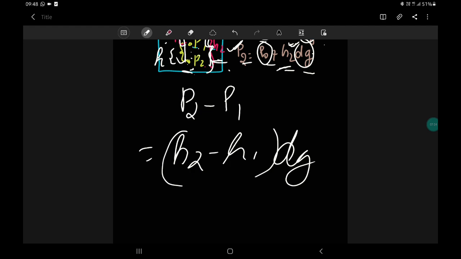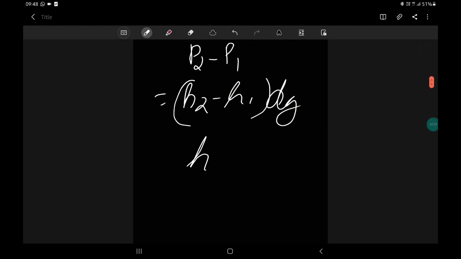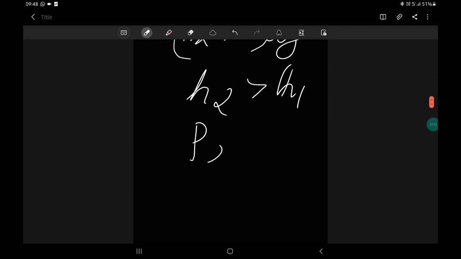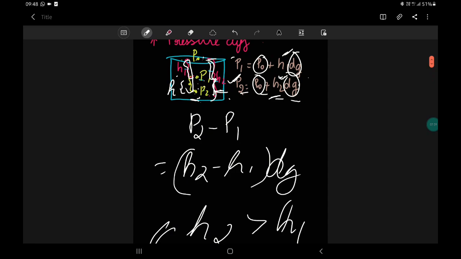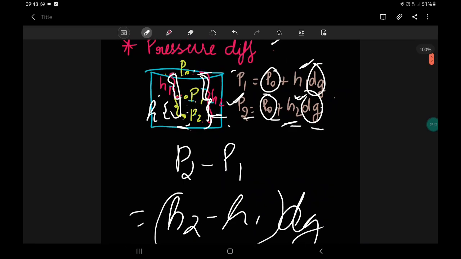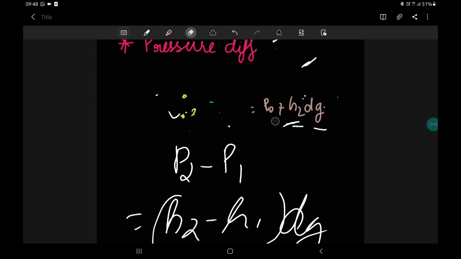The same method again: as H2 is greater than H1, pressure P2 is greater than P1. Understood? More the depth, more is the pressure. Remember this concept. Don't blindly go P1 minus P2. For you to understand this, I have done that simple thing wrong.